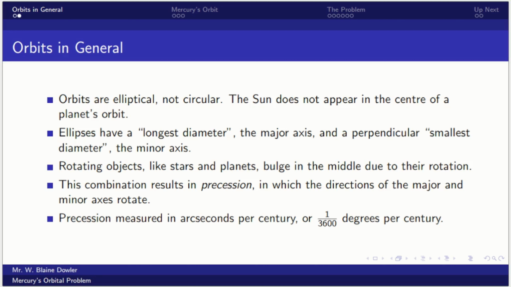So 1 degree was divided into 60 segments called minutes of arc, and each of those minutes was divided into 60 more segments called seconds of arc. So it's actually a very small segment. 1 second of arc, or 1 arc second, is 1/3600th of a degree. And precession is measured in how many of these arc seconds per century. It's a pretty slight effect.